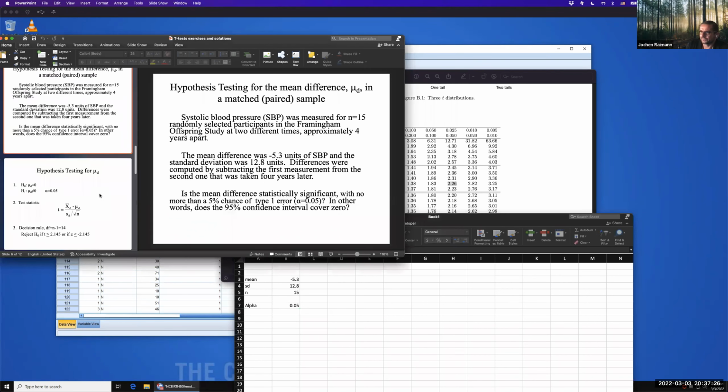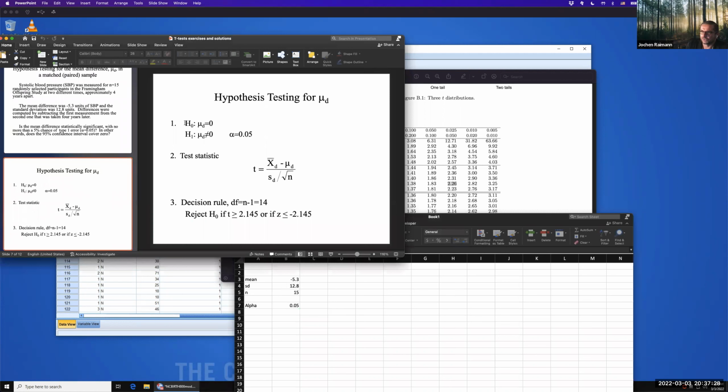The first thing you need to define is your null hypothesis. Null hypotheses are always defined as no difference, or a difference of 0. If you want to know whether that decrease of 5.3 millimeter Hg was significant, you need to compare it to 0, because that would imply there was no change.